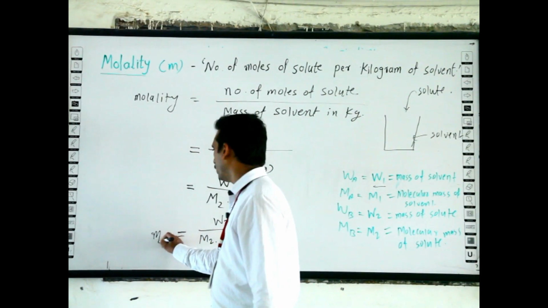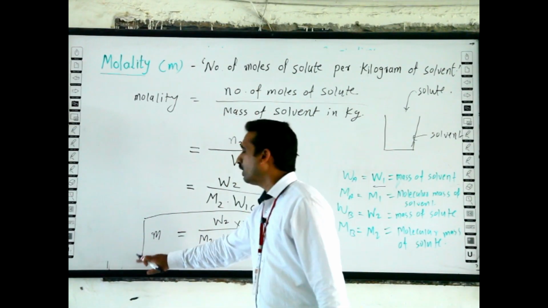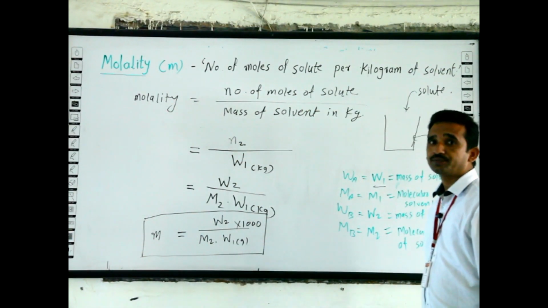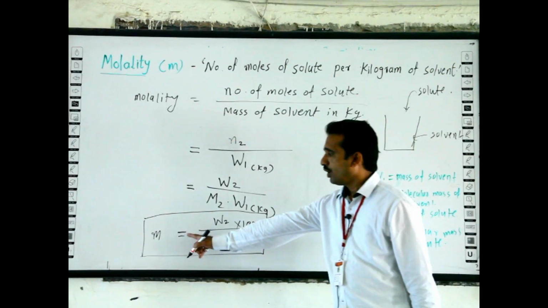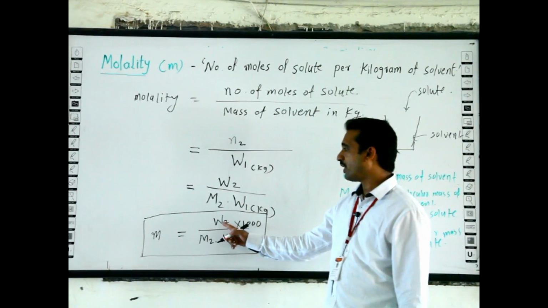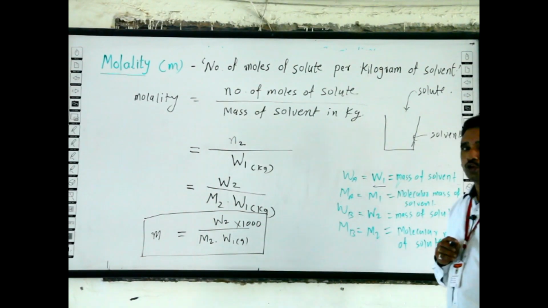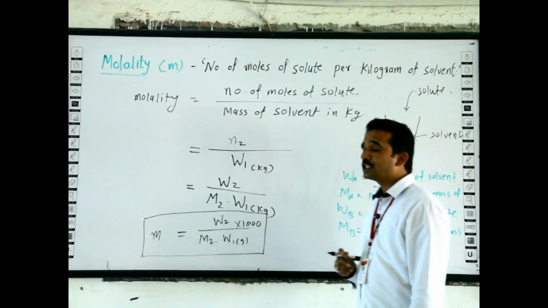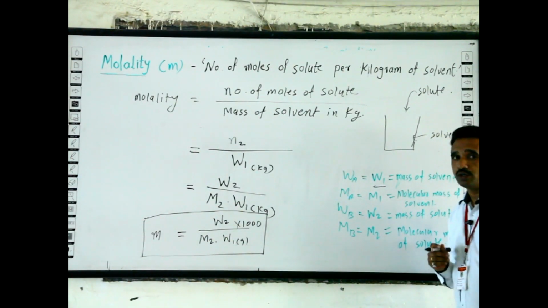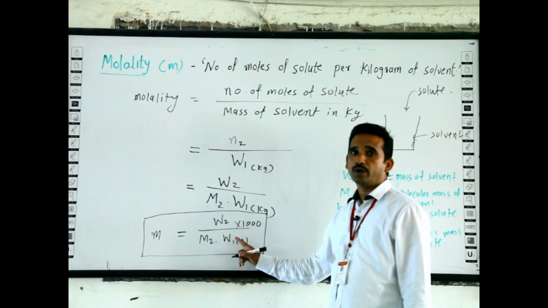Hence we will calculate molality of the solution by using the formula, where W2 is mass of solute, M2 is molecular mass of the solute, W1 is mass of solvent.